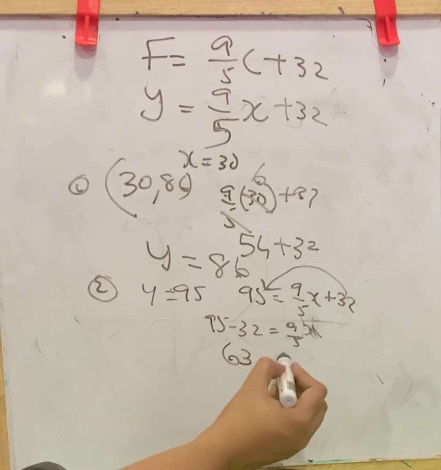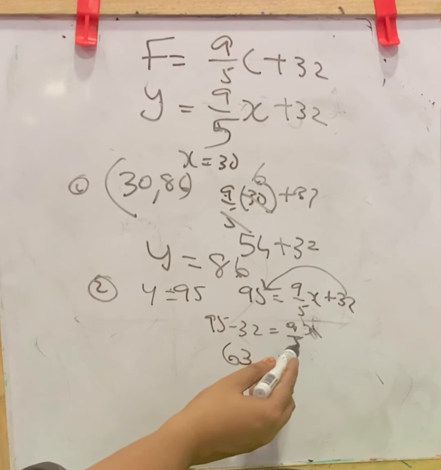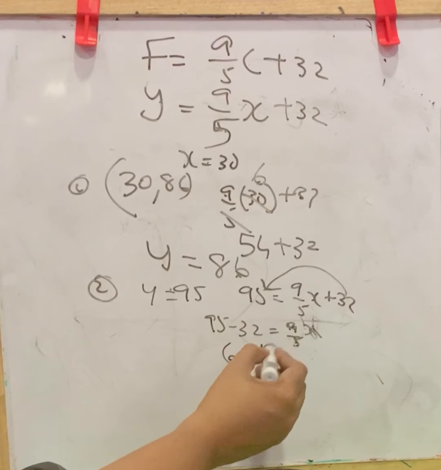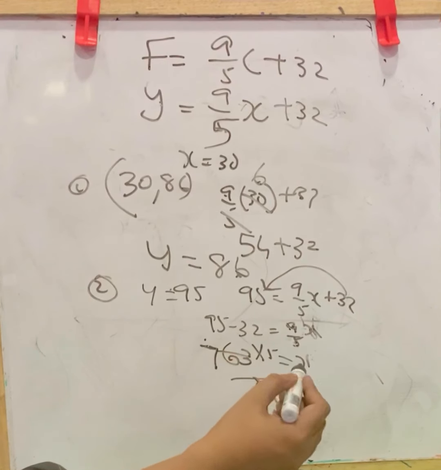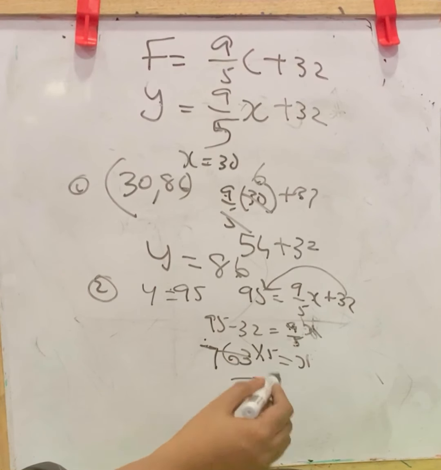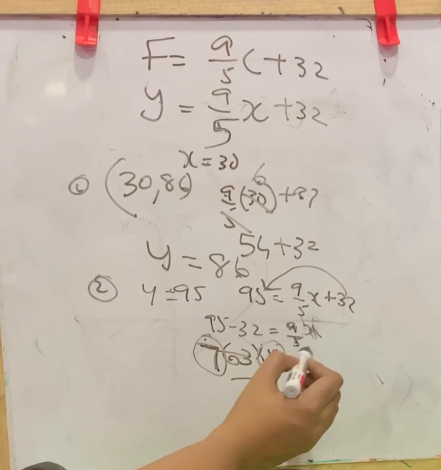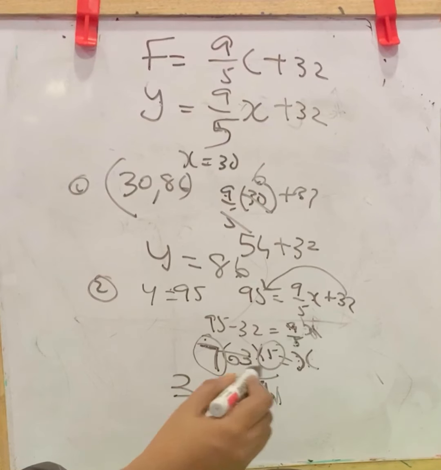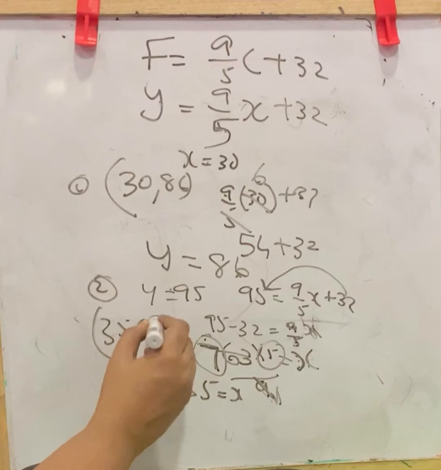And 9 by 5 on the RHS taking to LHS, this 5 goes from denominator to numerator, and this 9 from numerator goes to denominator. 9 7s are 63. So here 9 1s are 9, 9 7s are 63. Balance is 7 into 5 is x. 7 5s are 35. X is 35. So the solution is x comma y, that is 35 comma 95.